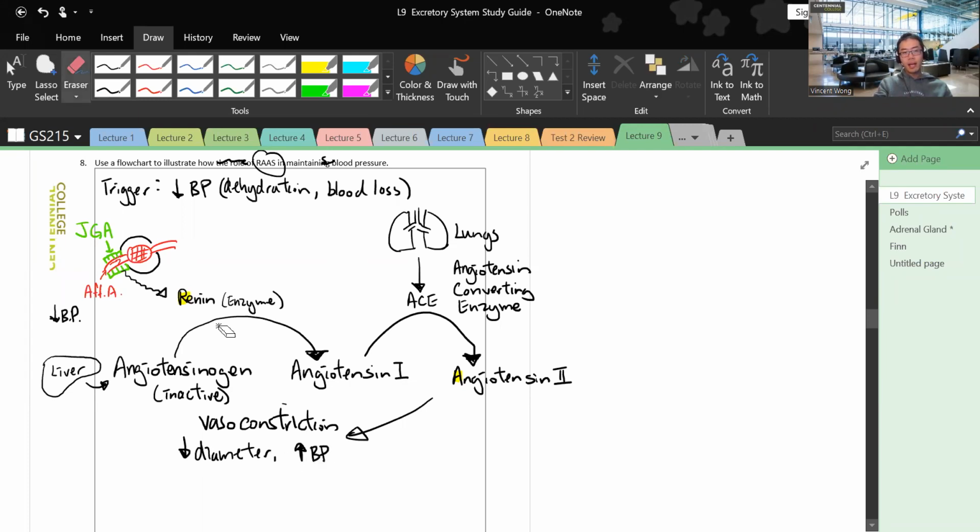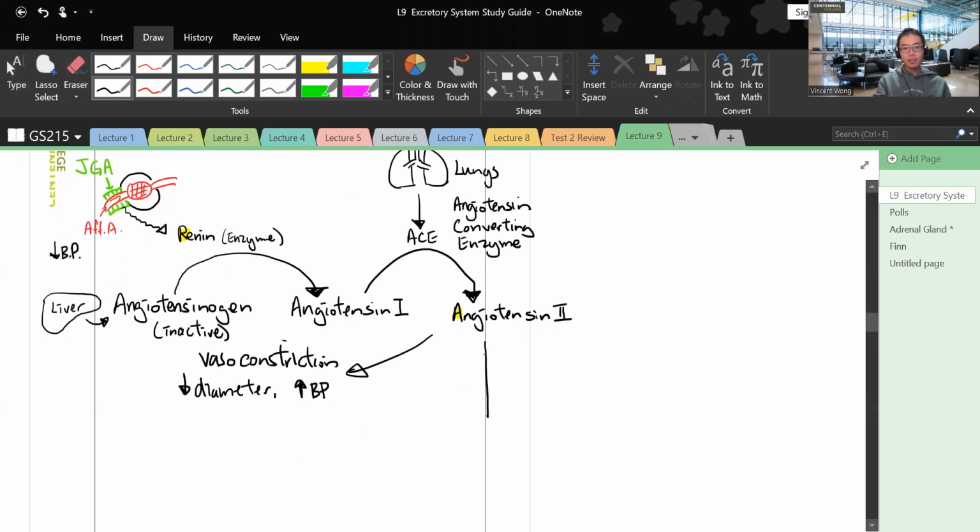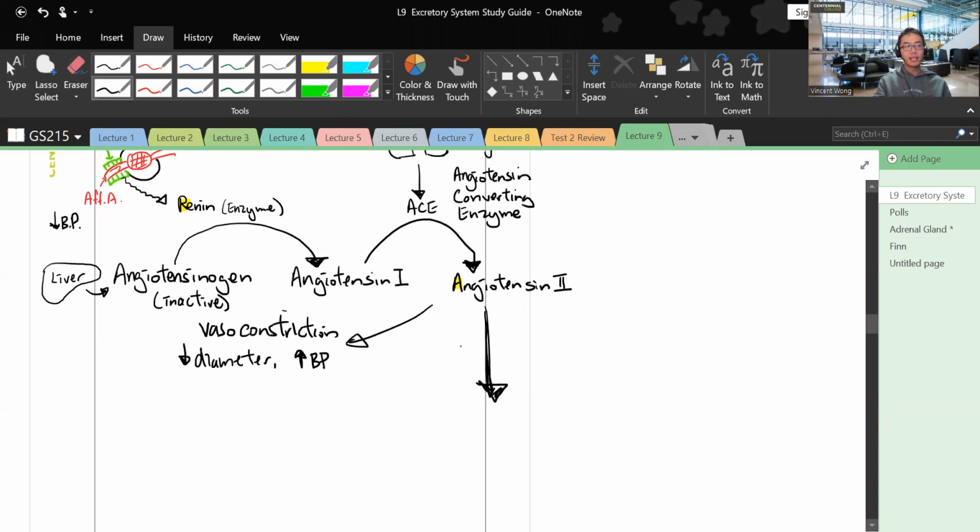So that will help fix part of the problem, but this is not enough. Okay, the vasoconstriction alone is not going to be a permanent solution. It will start making you feel better, but you really need something more long-term. So the second action of angiotensin is to go to your adrenal gland. Remember your kidney, right?